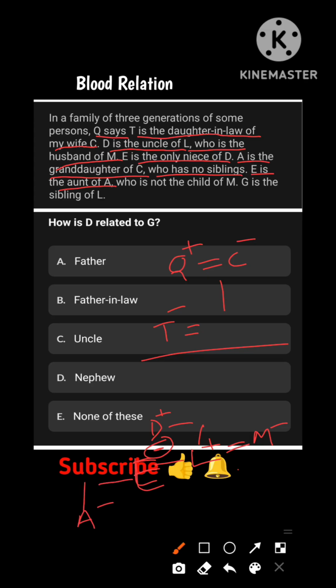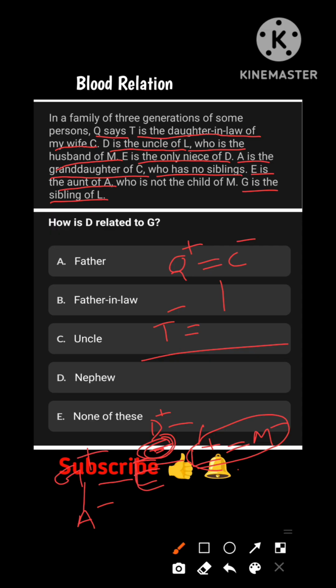Next one. A is not the child of M. So A is not the child of these two. G is a sibling of L. Since E is the only niece, G will be positive.